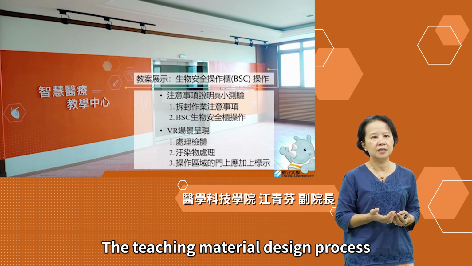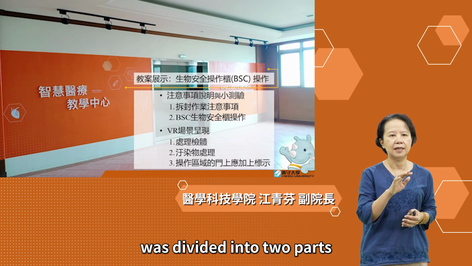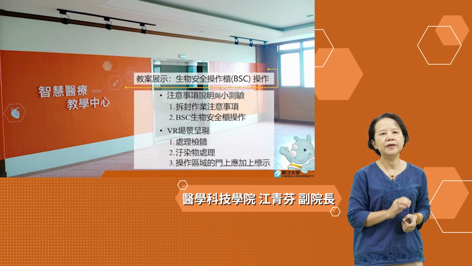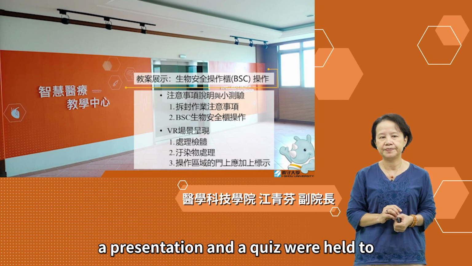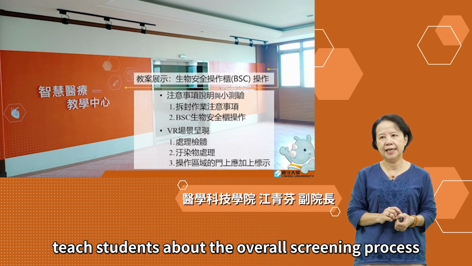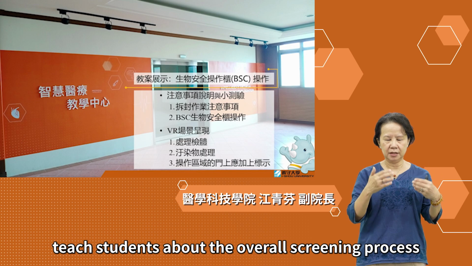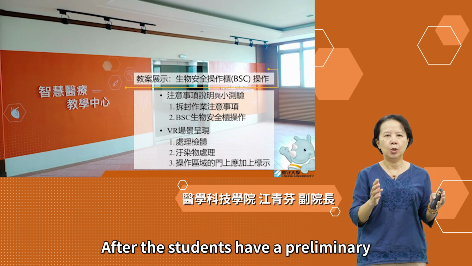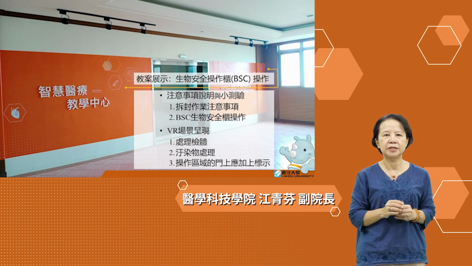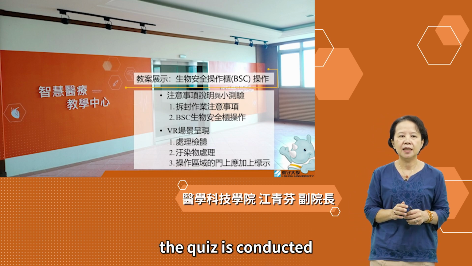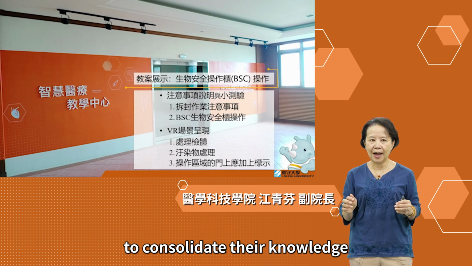The teaching material design process was divided into two parts. In the first part, a presentation and quiz were held to teach students about the overall screening process. After the students have primarily understood the screening process, the quiz is conducted to consolidate their knowledge.